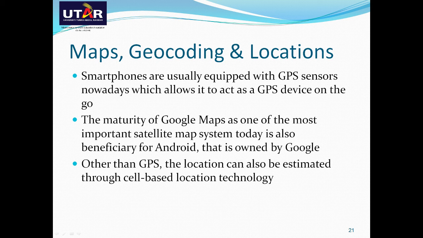Google Maps is mature and can be easily used to achieve a lot of possible things for Android applications. Other than using the sensor itself, location can also be estimated via cell-based location technology based on the service providers.